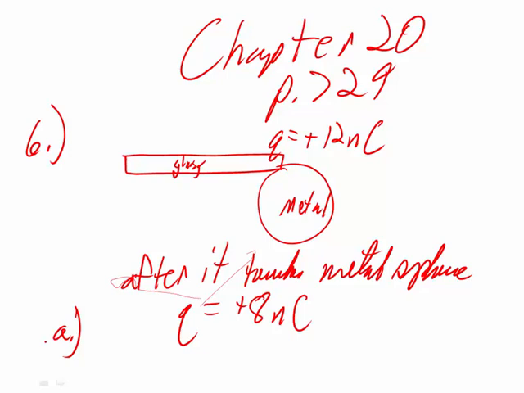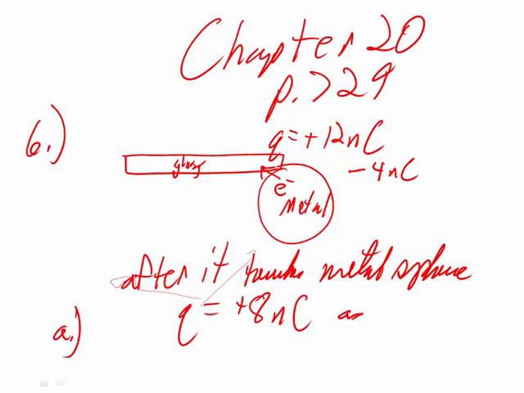Well, in order for it to go from positive 12 to positive 8, and remember this is algebraically, you would have had to have added 4 nanocoulombs of negative charge to get it to positive 8, okay? And so what happens is these electrons would have gone towards the rod or went into the rod in order for it to go from positive 12 to positive 8.